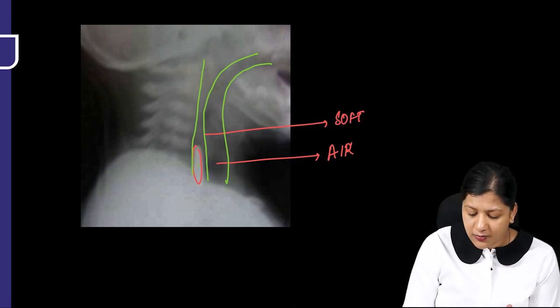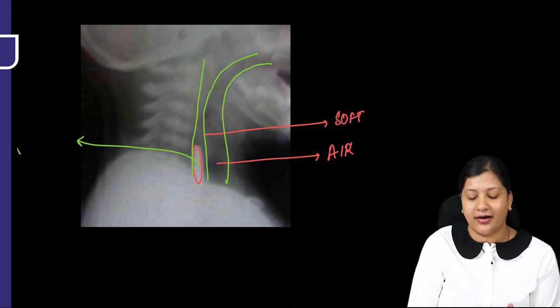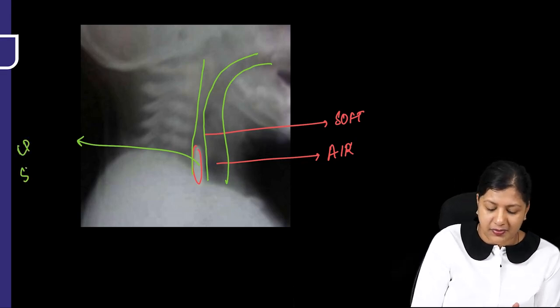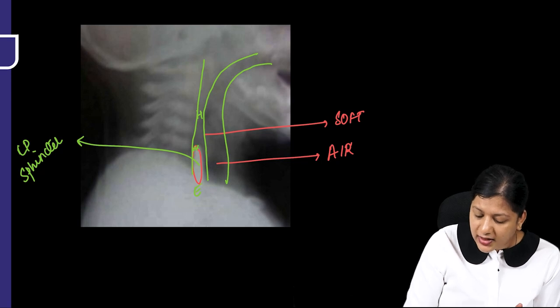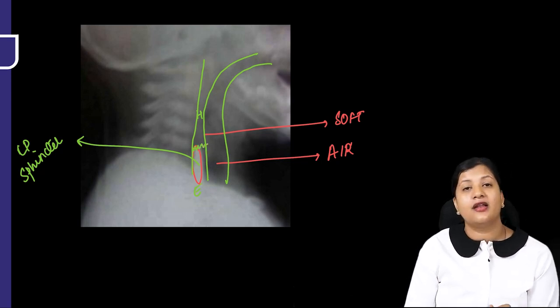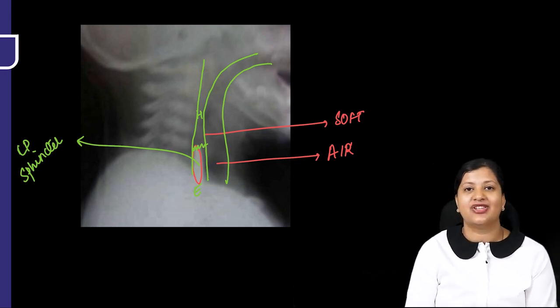So where is the foreign body located? The foreign body is supposed here to be located in the cricopharyngeal sphincter. So the hypopharynx continues as esophagus below. So at this junction where the hypopharynx continues as esophagus, we have a sphincter called the cricopharyngeal sphincter, and the foreign body seems to have got impacted in the cricopharyngeal sphincter.